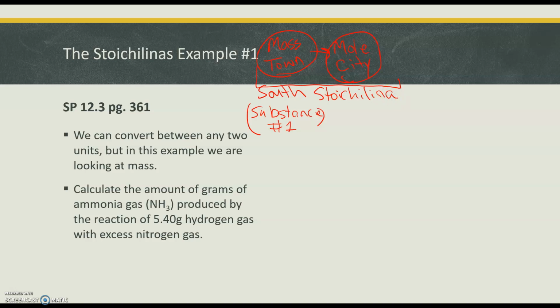After we get to the mole city of South Stoichiometry, we can use our mole ratio in order to get to mole city of North Stoichiometry. Remember, North Stoichiometry just means substance 2.